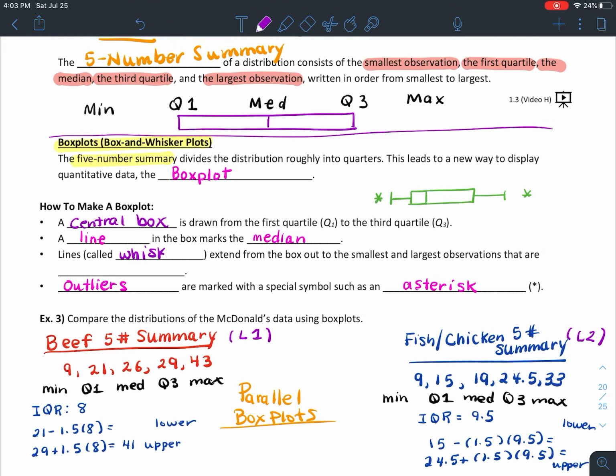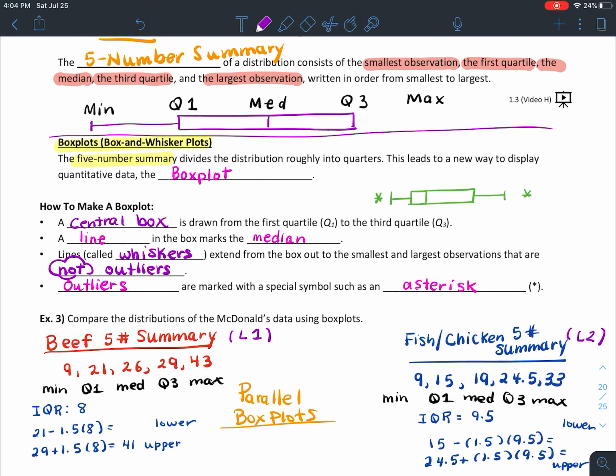Okay, then it says here lines, we call those whiskers, extend from the box out to the smallest and largest observations, now this is important, that are not outliers. Okay, so it doesn't exactly or necessarily stretch out to the min and the max.